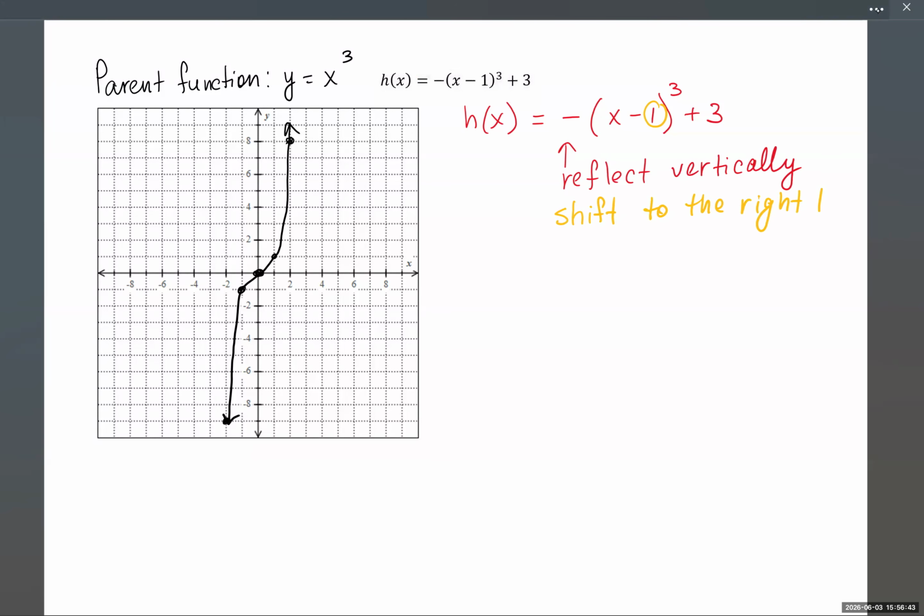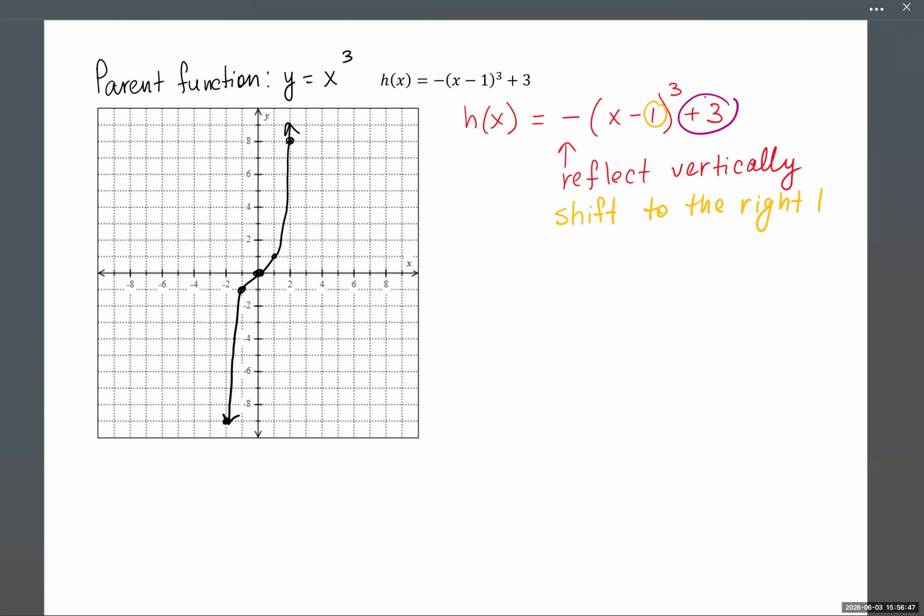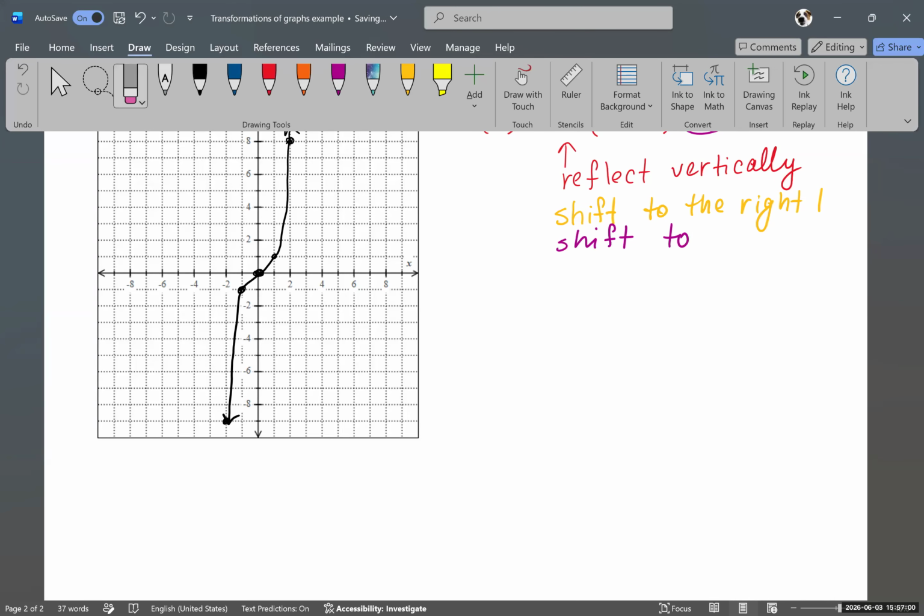And the plus 3 on the outside of the parenthesis, that means shift. Shift and translate is the same thing. Shift up 3 units.